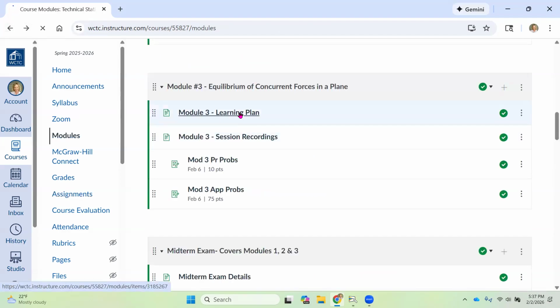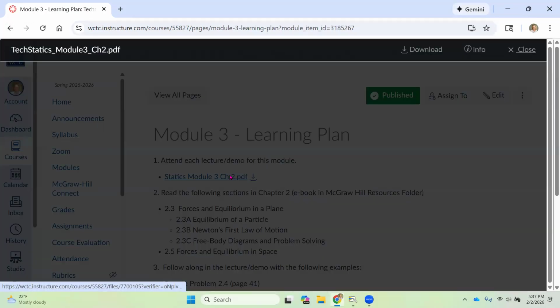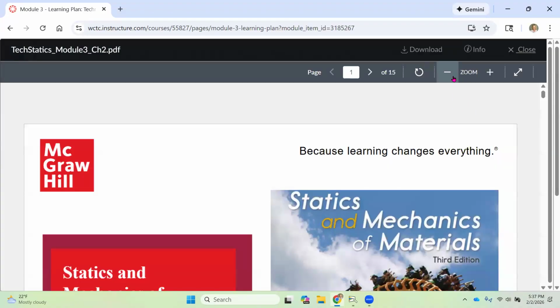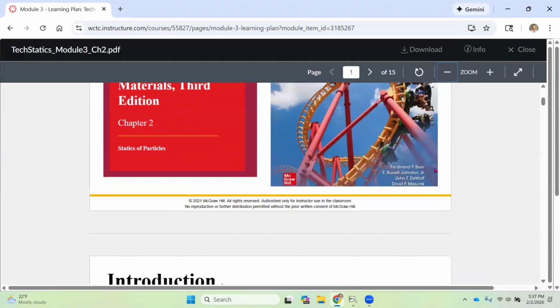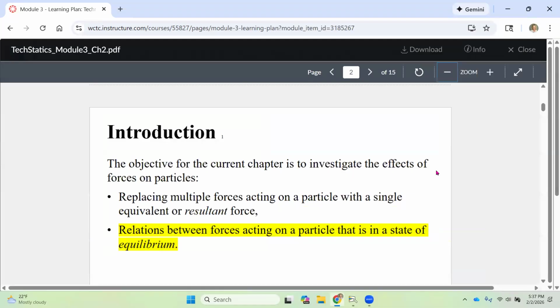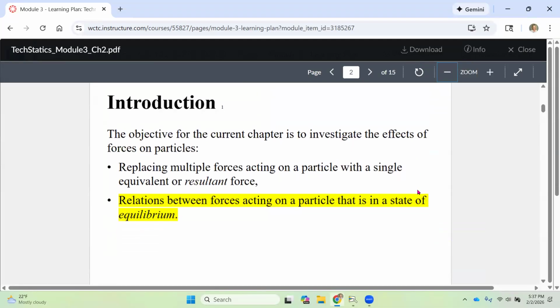That's the plan. So let's go back to our learning plan, and I'm going to pull up the PowerPoint presentation, and we're going to use this to kind of guide through. Really, it's just one section, but there's multiple parts to the section. So the objective of this chapter, as we already started chapter 2 in module 2, and we took the first couple sections there.